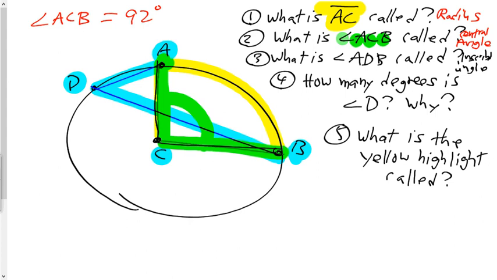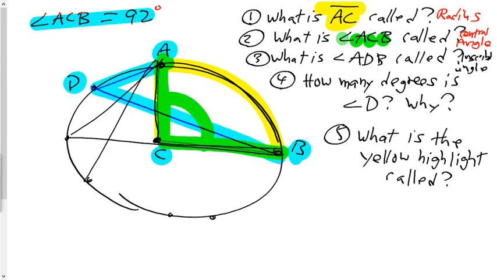Now there's a relationship. Over here, it says angle ACB, or the central angle, is 92 degrees. When A and B are connected to the center, making a central angle of, in this case, 92, if those A and B are connected to another point anywhere outside of this part here, which we'll get to in a second, it will always form what's called the inscribed angle.